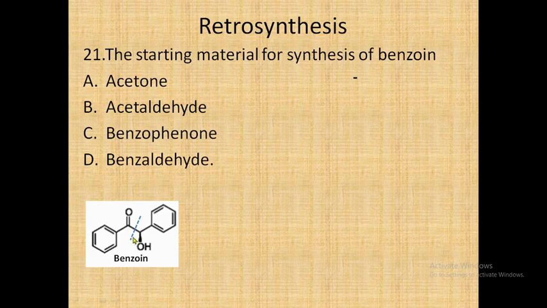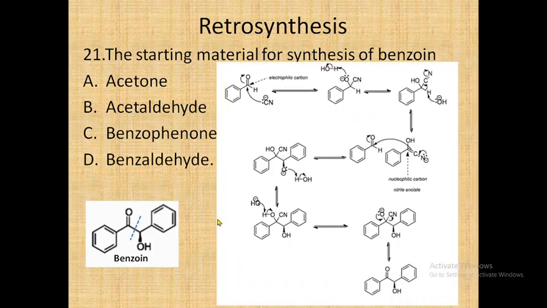Usually benzoin can be obtained from benzaldehyde by the benzoin condensation reaction. This is one of the name reactions. So how will that benzaldehyde give you the benzoin? The reaction mechanism I have given here.